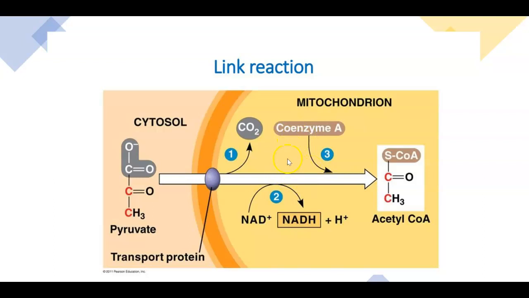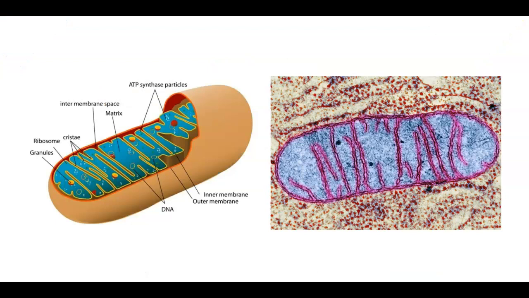This coenzyme A actually gets attached onto the remainder part of this. This is the acetyl group right here. Here's our coenzyme A. So now put these things together, we have acetyl-CoA. This all happens in the mitochondrial matrix, and you've seen this picture before.